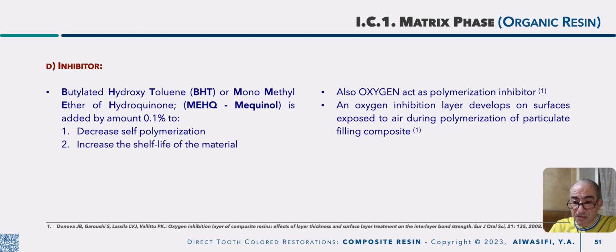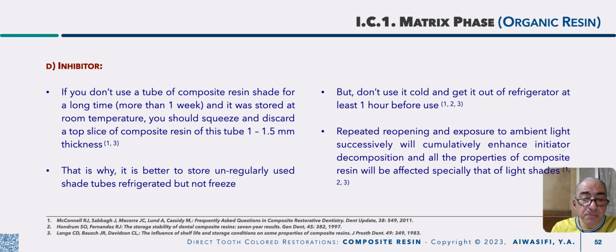When you leave your tube open, unclosed, it may bind to oxygen and create an oxygen-inhibited layer, or it may absorb light from the ambient light, leading to cumulative absorption of light energy at the required wavelengths until you find it starting to set. That's why it is recommended to cap the composite resin tube immediately after you get the amount you needed.